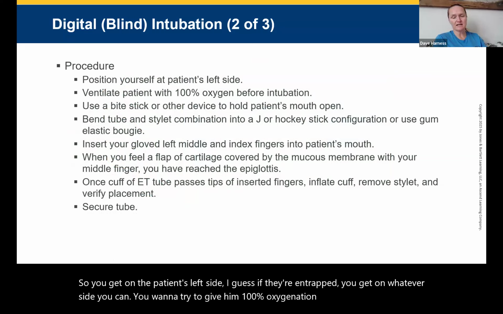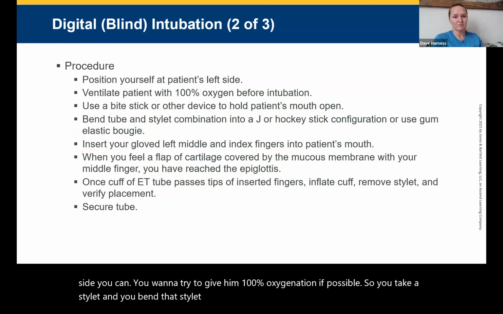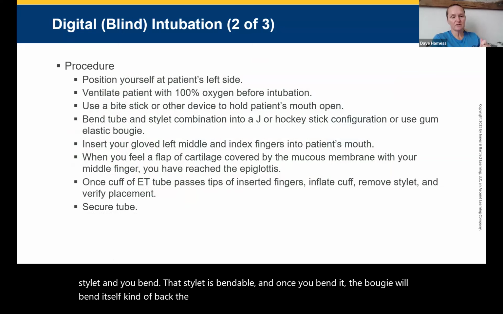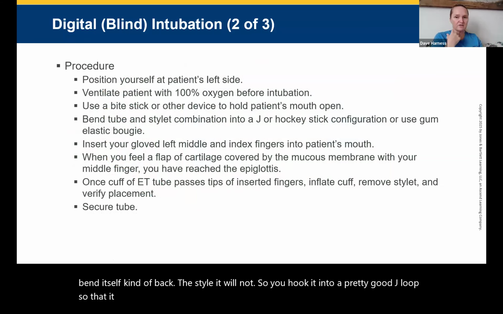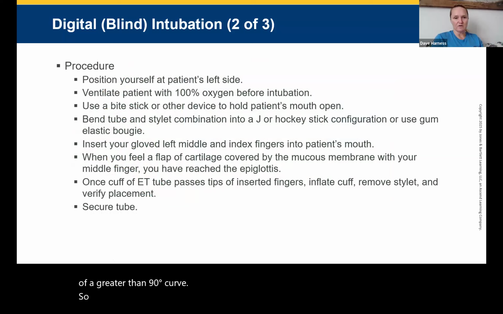So you take a stylet and you bend it, that stylet is bendable, and once you bend it, the bougie will bend itself kind of back, the stylet will not. So you hook it into a pretty good J loop so that it automatically goes around that curve at the back of the throat that's a greater than 90-degree curve, so that you have it going where you want.